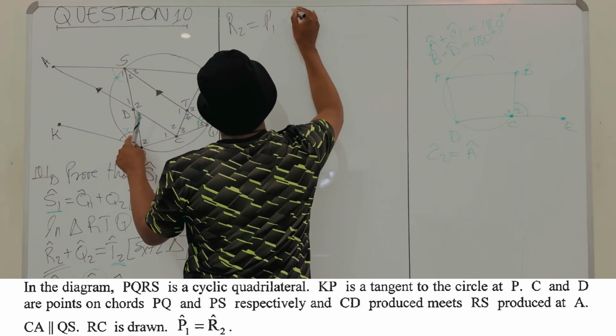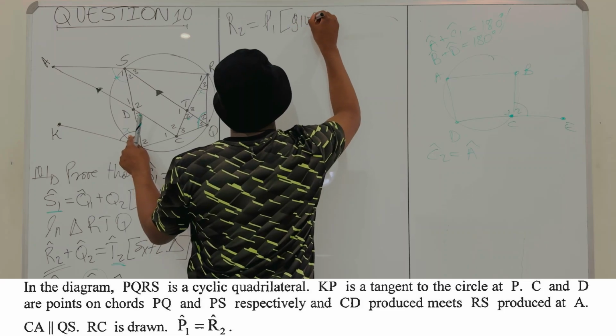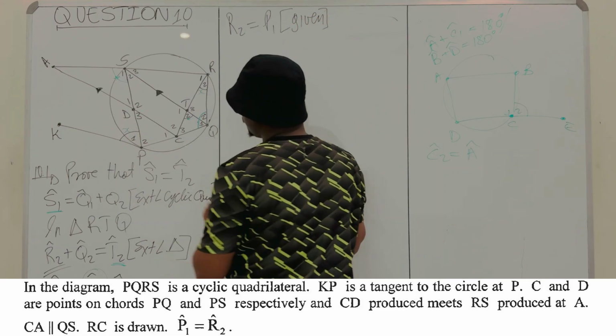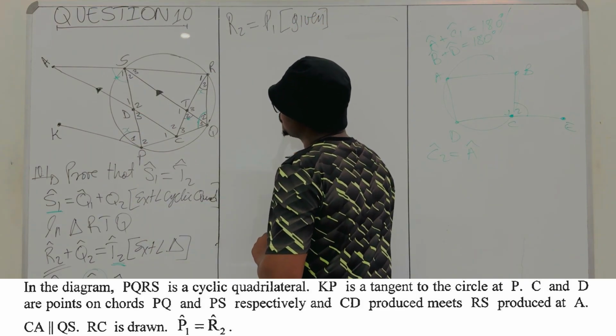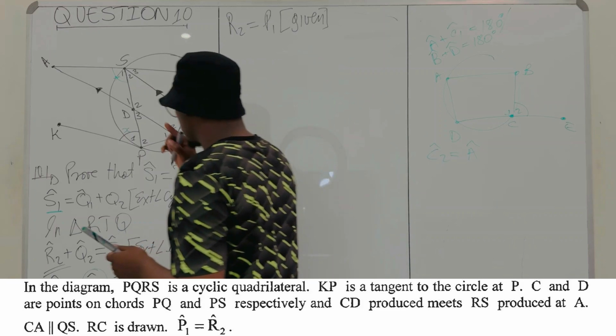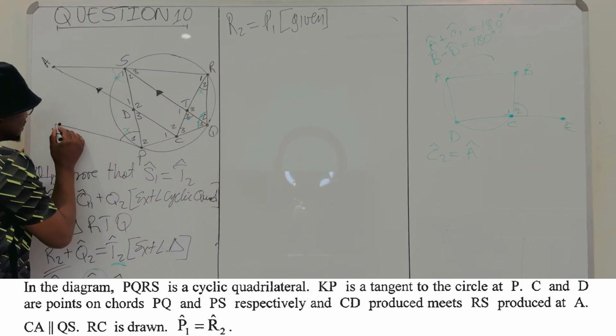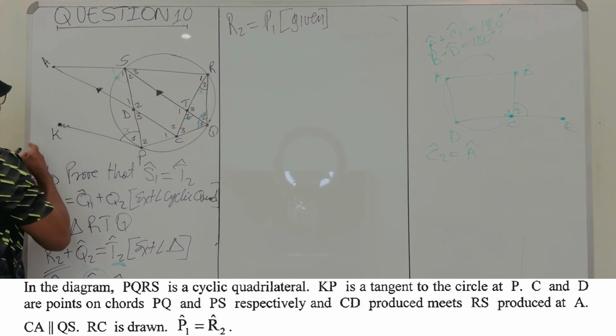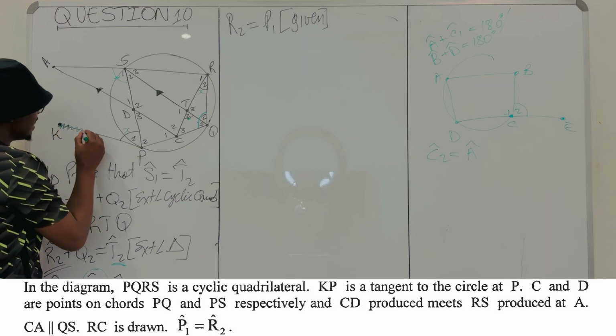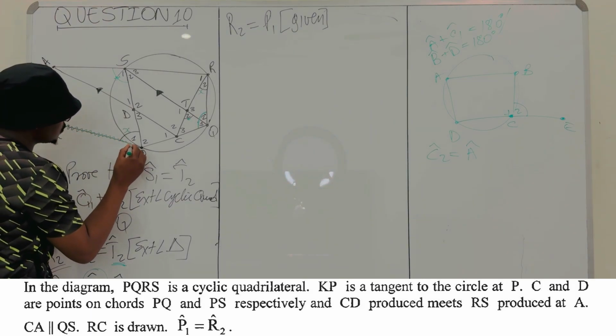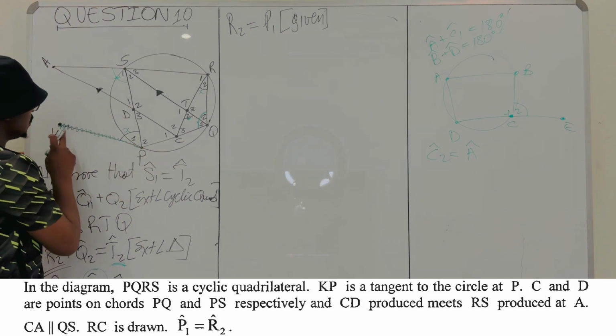This was given information. No problem. Then what else can we say? Remember that P1 is this line over here, and this line is a tangent to the circle, right?